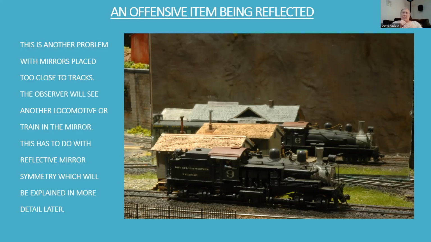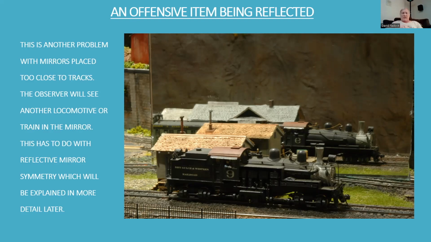So the problem is that you have an offending image. Yeah, it increases the space, but if you want to see a locomotive or a complete train running side by side, so to speak, that really doesn't help the overall appearance or reality of a layout.